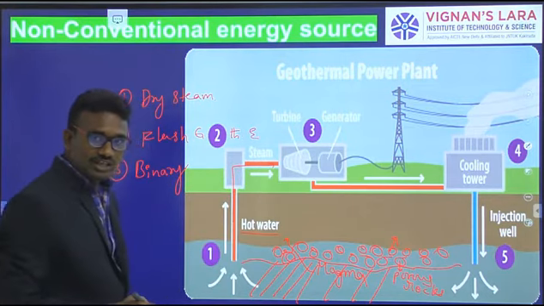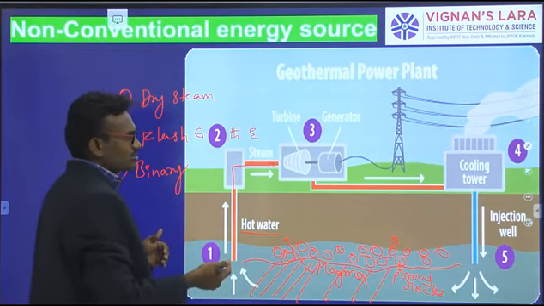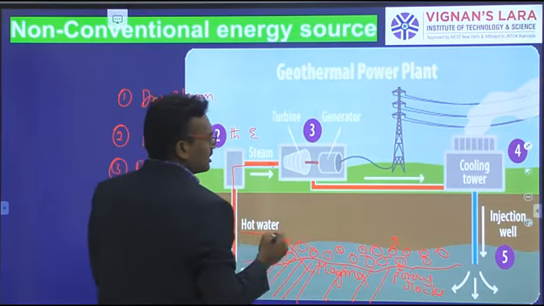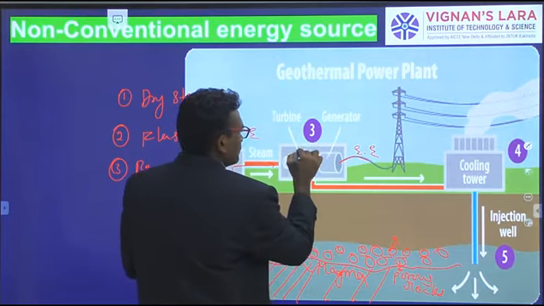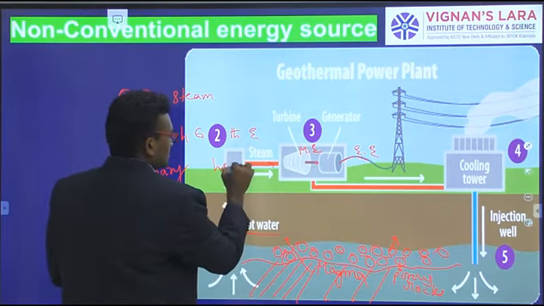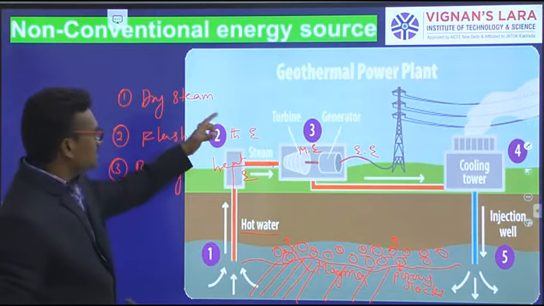The turbines are rotated mechanically. The generator takes the mechanical energy and creates electrical energy. This is the mechanical energy, this is the heat energy. This is the first process, dry steam.